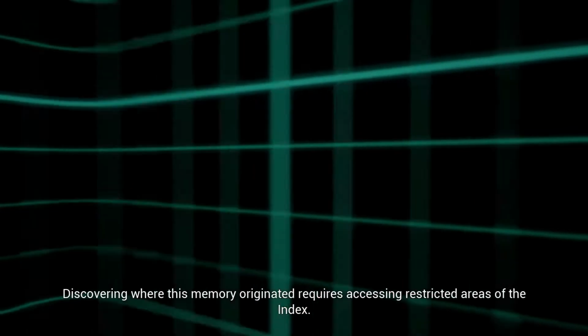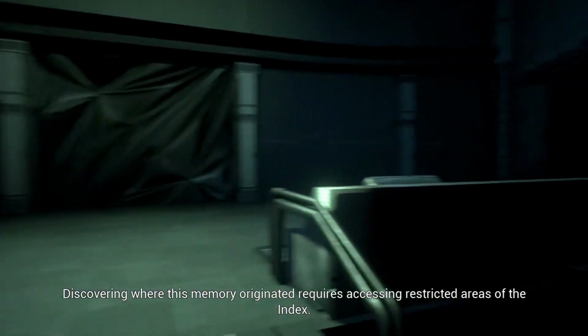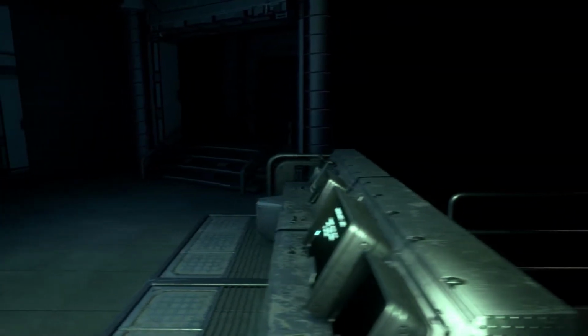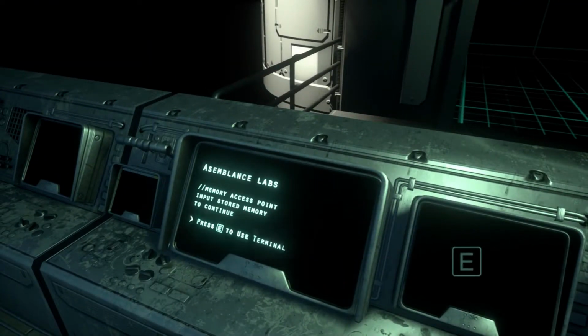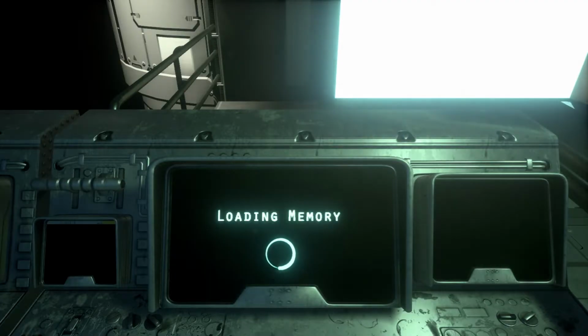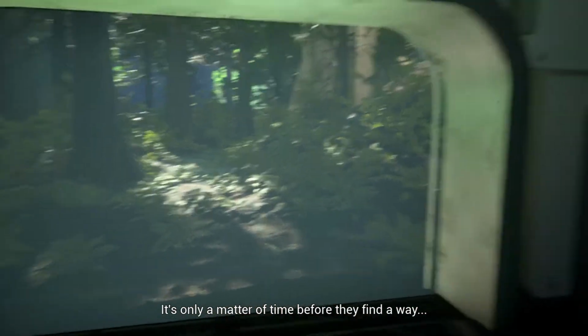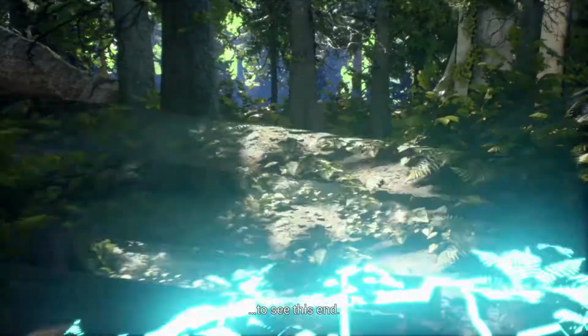This memory won't last much longer. Discovering where this memory originated requires accessing restricted areas of the index. It's only a matter of time before they find a way to see this end.